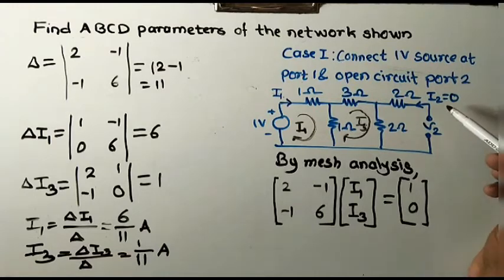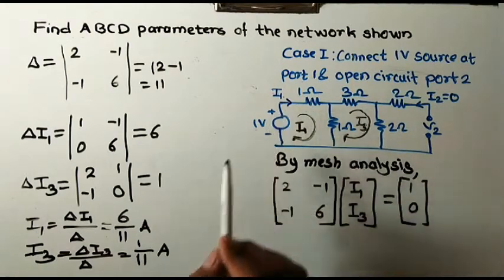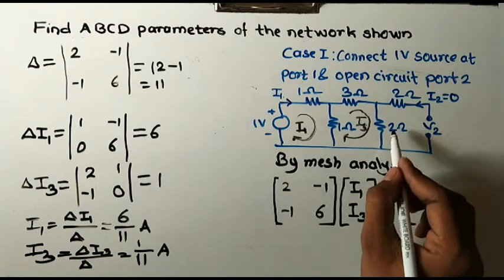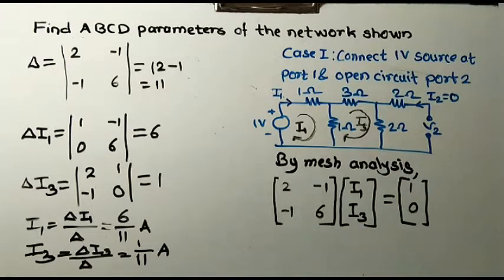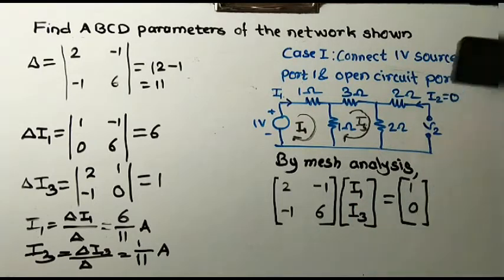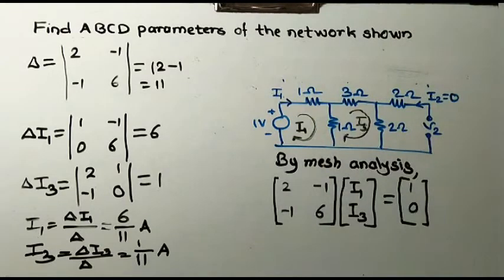But we are interested in finding the values of V2 and I1. We already got I1, so here we will just find the value of V2. V2 will be 2 ohm multiplied by the current flowing through this.